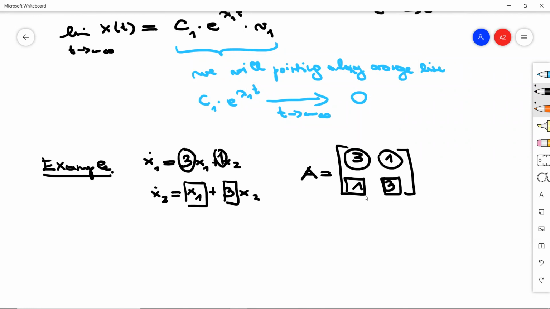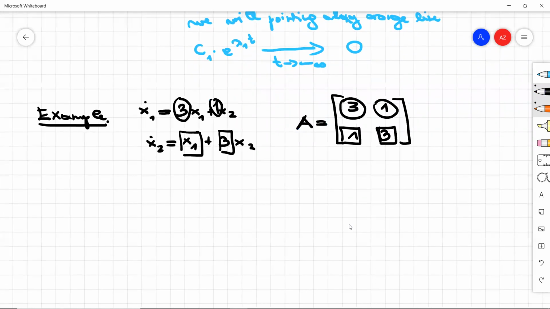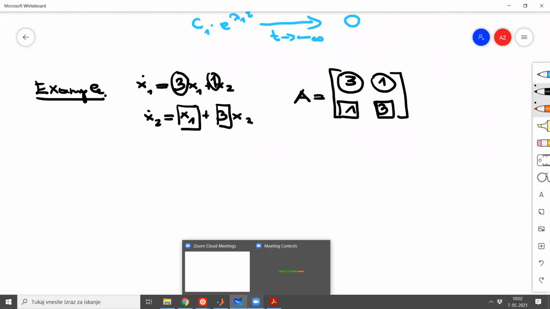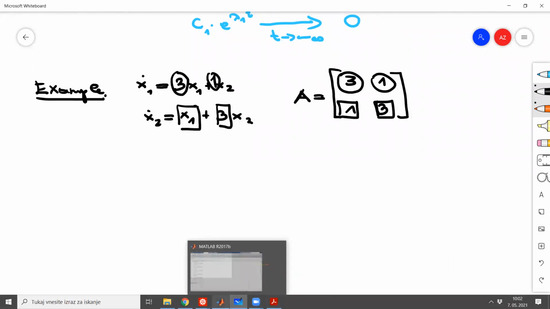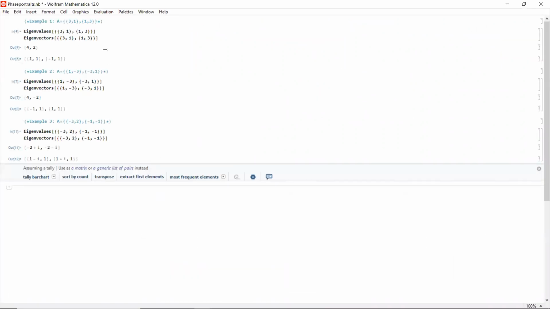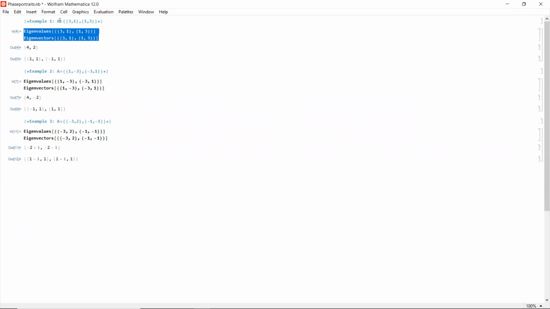It's easy to compute the eigenvalues and eigenvectors in this case, but why not use computers since we're already at mathematical modeling? So we can use Mathematica. Mathematica is good for symbolic computation. This is an example I've already computed. Our matrix A is 3, 1, and the second row is 1, 3.